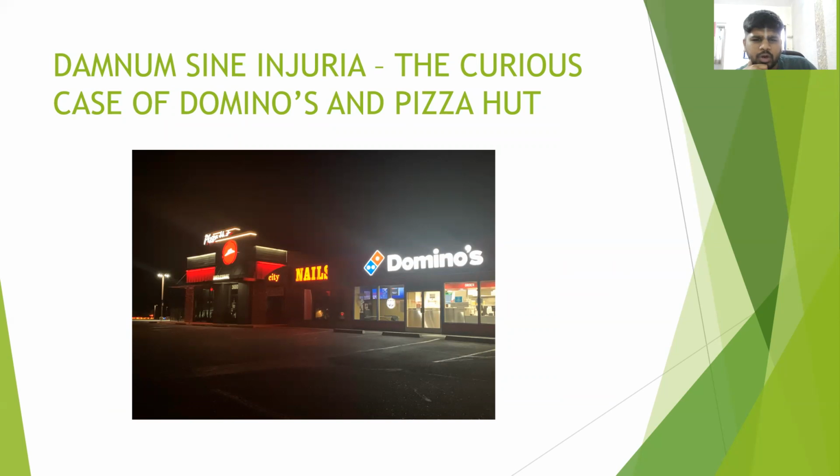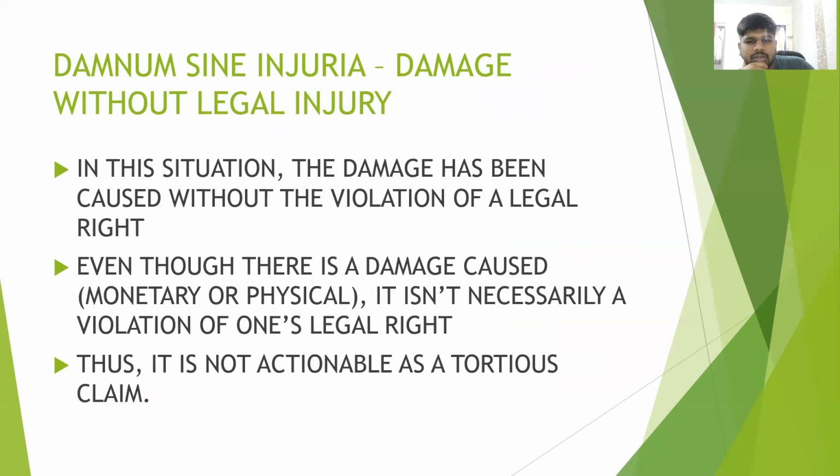But was Domino's well within its legal right to open an outlet there? Definitely. And has any legal right of Pizza Hut been violated because of Domino's opening? Absolutely not. So damage has been caused without the violation of a legal right.